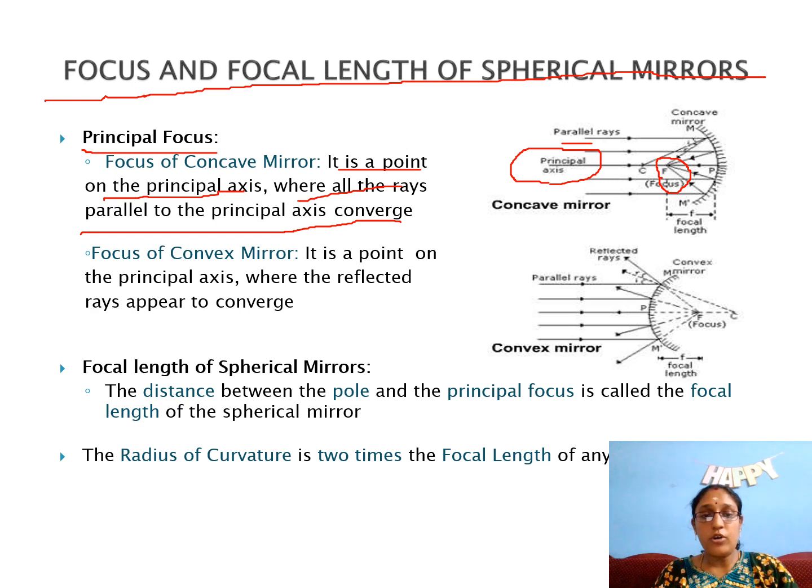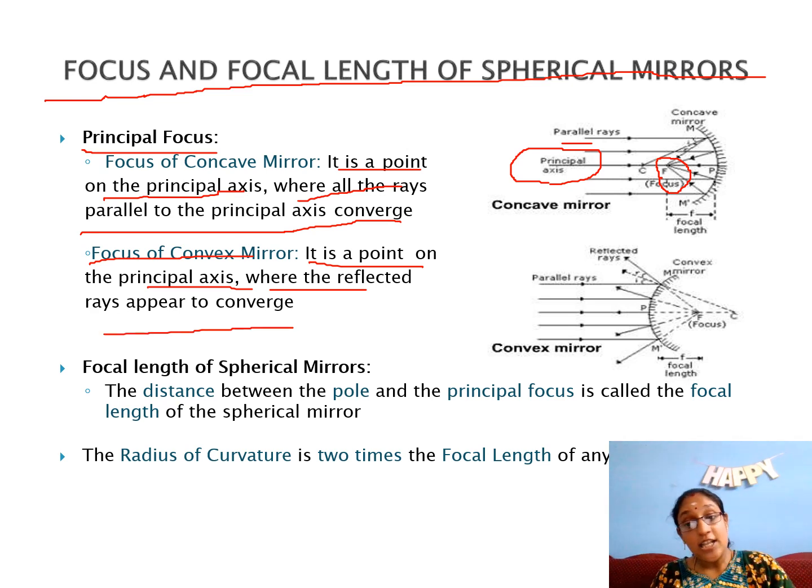What will be the focus of a convex mirror? The same thing. In a convex mirror, the parallel ray strikes the mirror and you can see the reflected ray going back. It is a point on the principal axis where the reflected rays appear to converge.